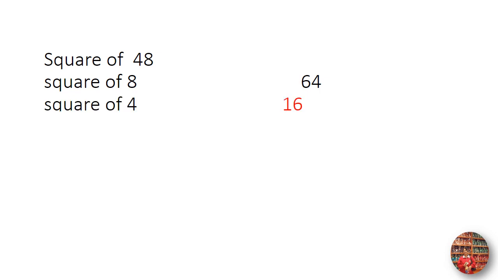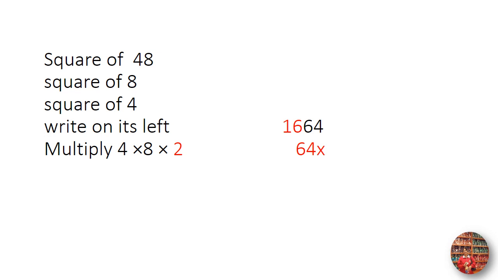Square of 48. Be quick. Square of 8 is 64. Square of 4 is 16. So it will be 1664. Multiply 4 into 8 into 2. Place it one place left of the number.